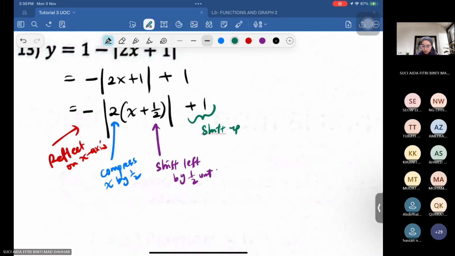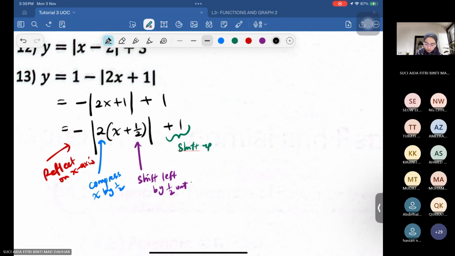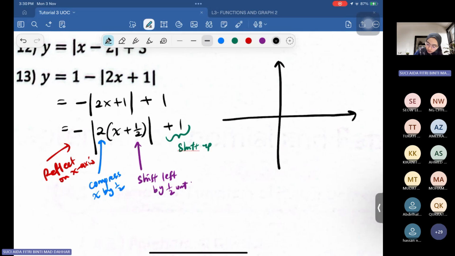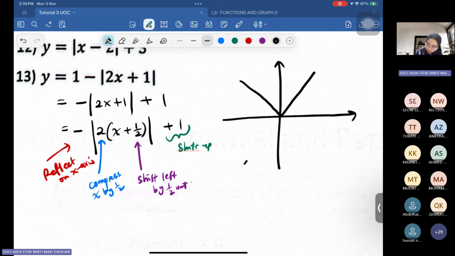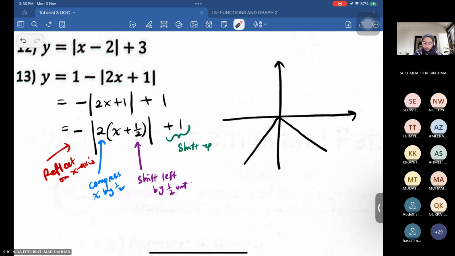Okay. How do we draw? Original V shape. It was originally here. Okay. Then when you reflect them on x-axis, then it become like this. Isn't it? This is gone. Then how do you compress x by half? So it becomes skinnier and taller, isn't it? Like this.